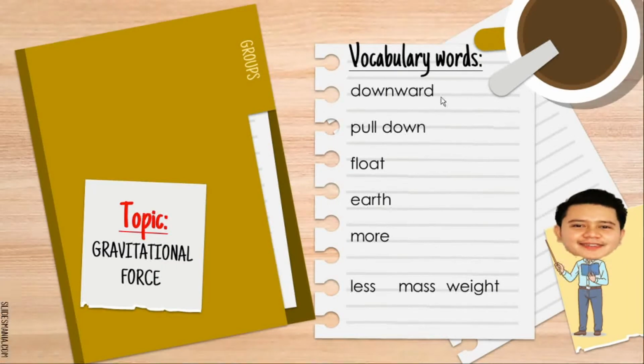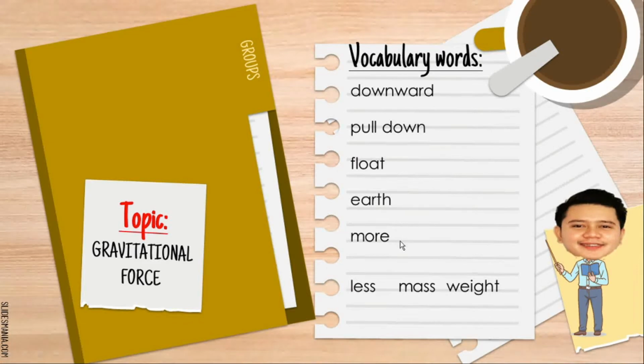Now, can you spell downward? D-O-W-N-W-A-R-D. Downward. Next, pull down. Pull down. Next, float. Float. And next, earth.